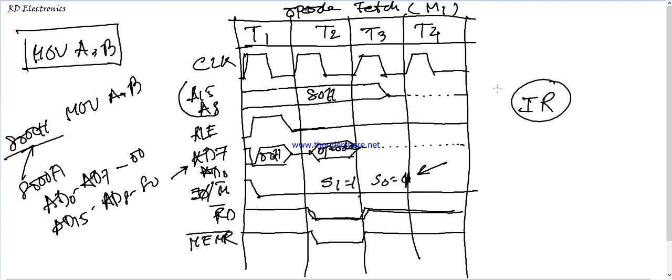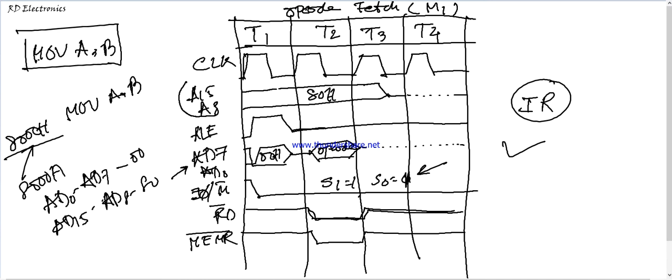It is a data transfer type, or arithmetic type, or logical type. That is why the microprocessor recognizes the instruction type and performs its proper operation. So this is the opcode phase operation, which requires 4 T states, and in each T state, or clock time period, we show the different types of operation.